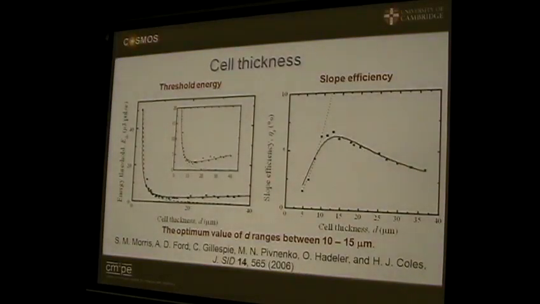For all of these lasers, and there are a lot of papers in the literature that quote efficiencies, you really have to look at the threshold energy and the slope efficiency as a function of the dye-chromatic combination, because you can lower the threshold energy by optimizing the optical path length, around 15 microns for this particular device, 15, 16 microns. So your threshold goes down. Okay. And your slope efficiency goes up.